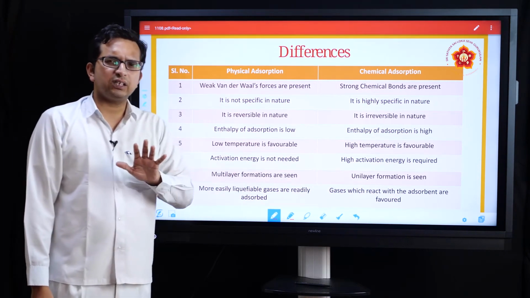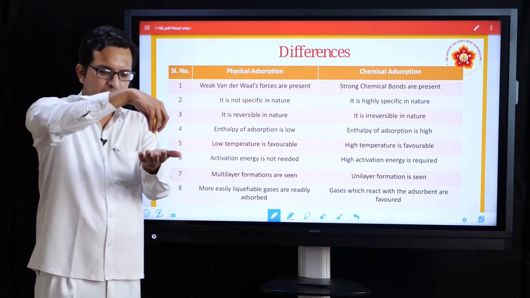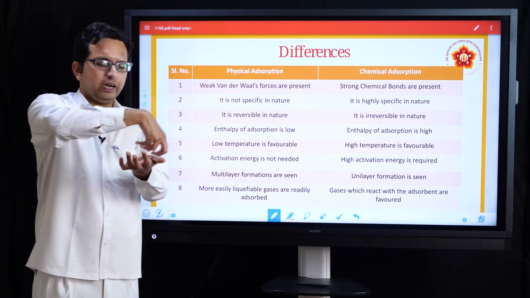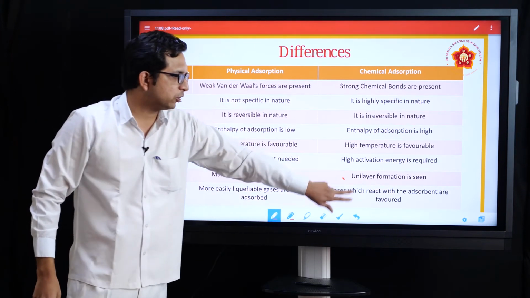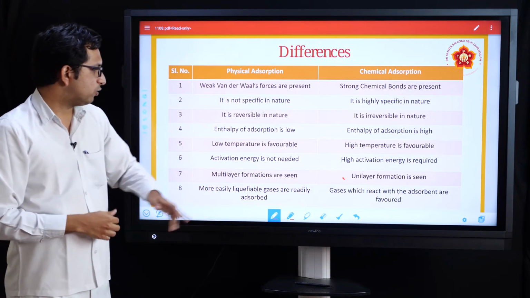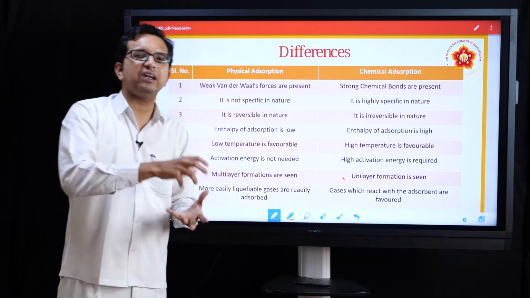Multi-layer formations are seen because they are not specific in nature. A molecule gets adsorbed, then again since it's not a strong force, it keeps moving around, so multiple layers keep forming, whereas there it's unilayer because a strong force of attraction takes place. More easily liquefiable gases are readily adsorbed, whereas here gases react directly with the adsorbent.